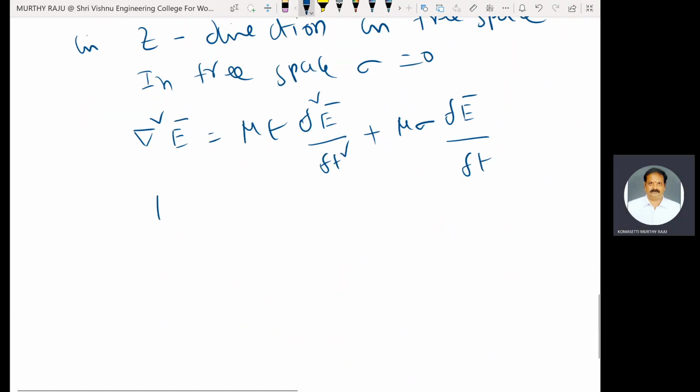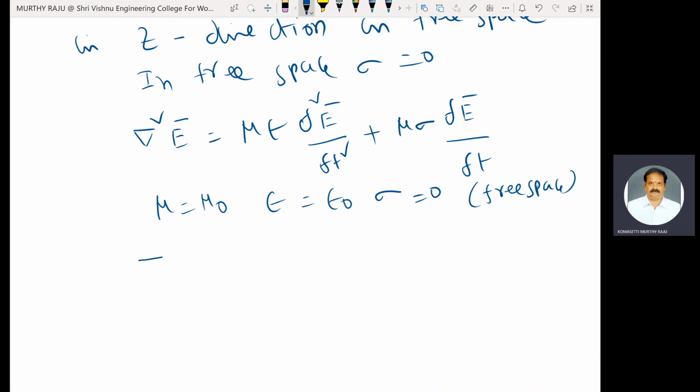But in free space, mu is equal to mu naught, epsilon is equal to epsilon naught, sigma is equal to 0. Substitute these conditions in the above equation.